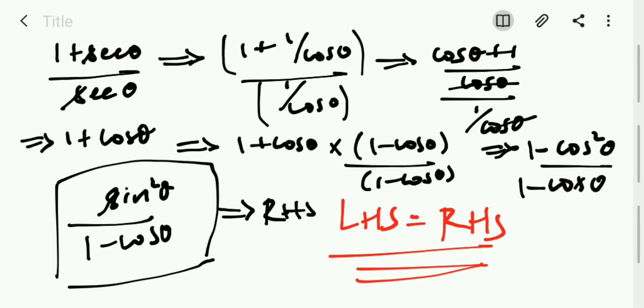Look guys, these types of sums require some patience before you start the sum. Please analyze the sum and then start with the solution, or else you'll end up with a mess. I'm telling you that. Now the next type of question. This is quite a lengthy sum.